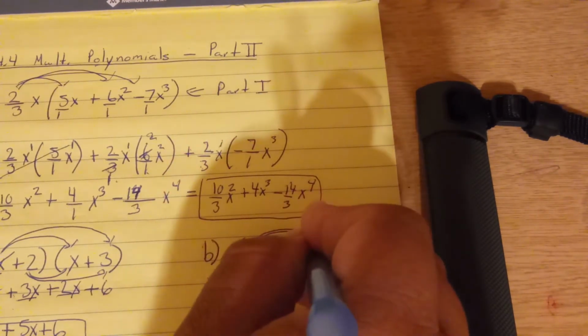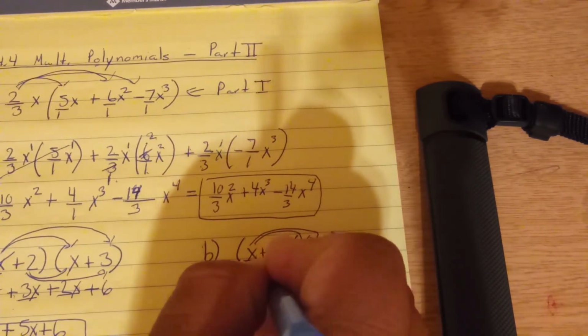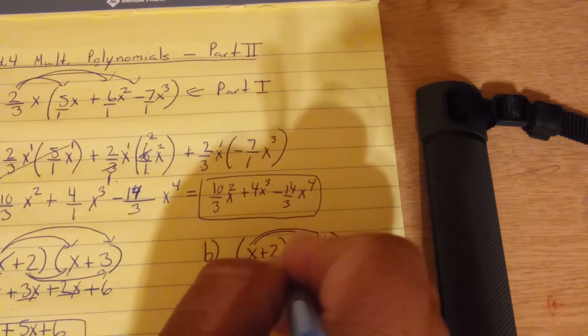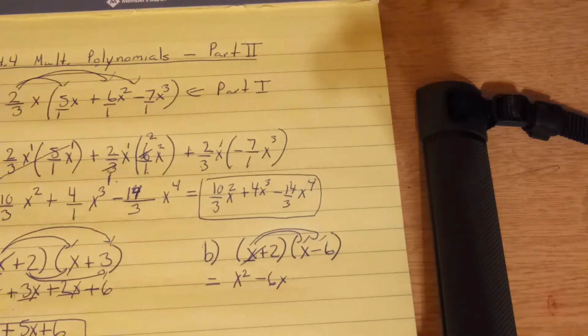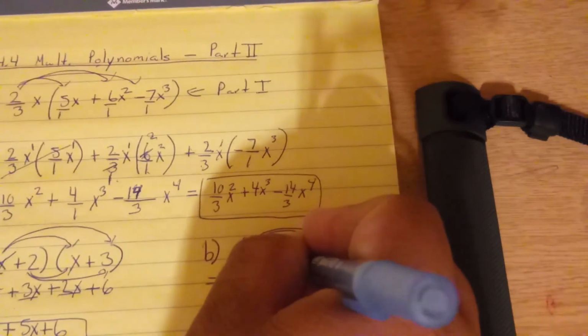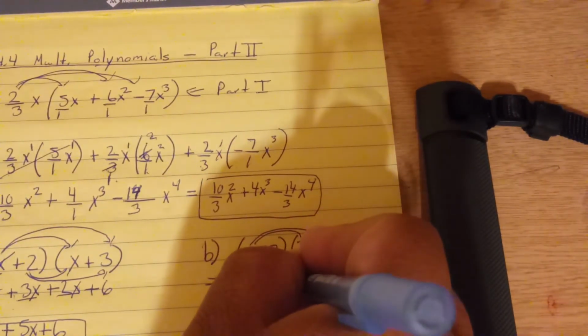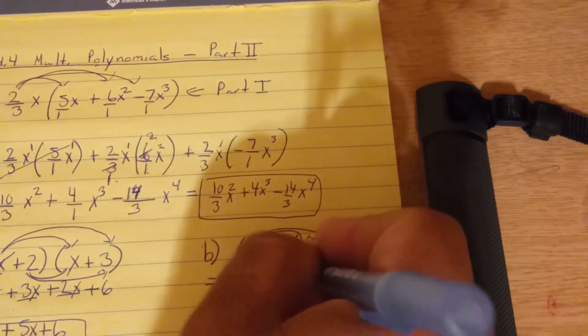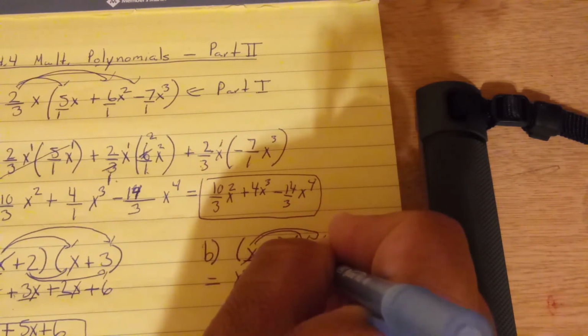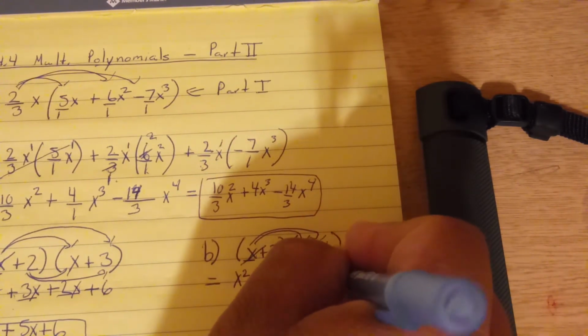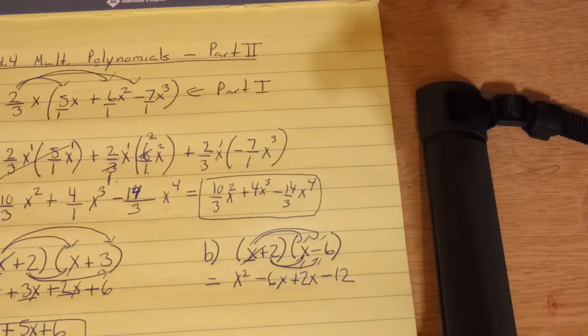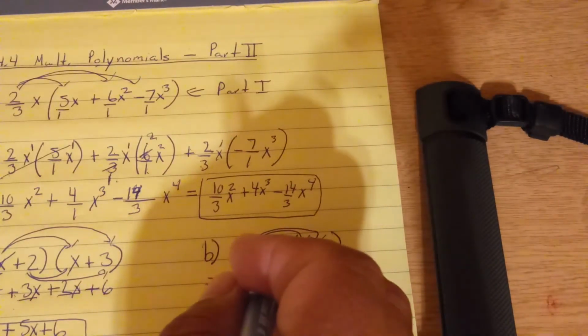X times negative 6 is negative 6x. So that takes care of the x. And you're going to do the same thing for the next one. We're going to distribute the 2. So 2 times x will be positive 2x. And 2 times negative 6 will be negative 12. So we completed distributing the second part right there, that 2.